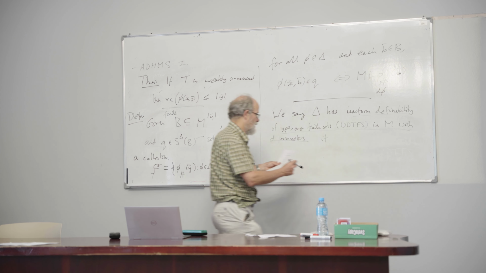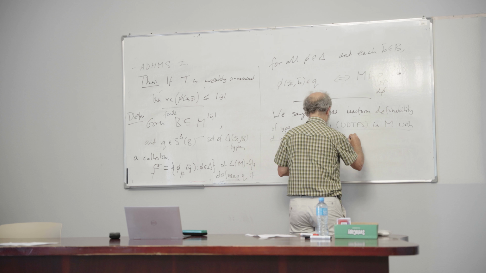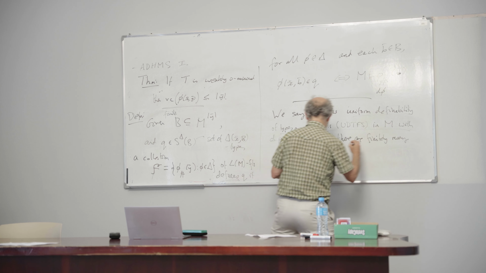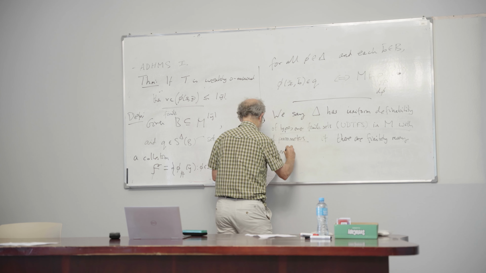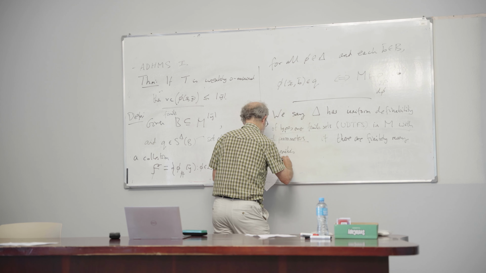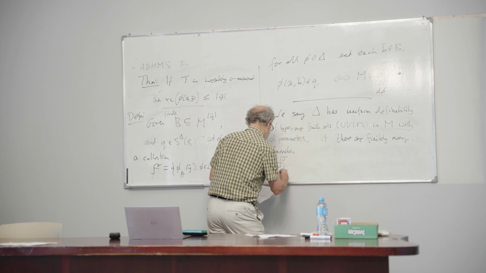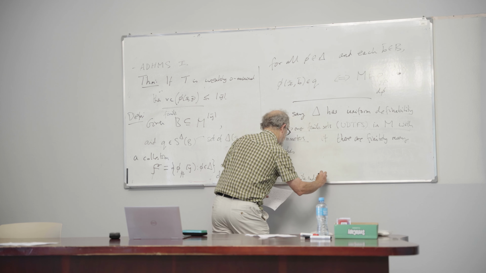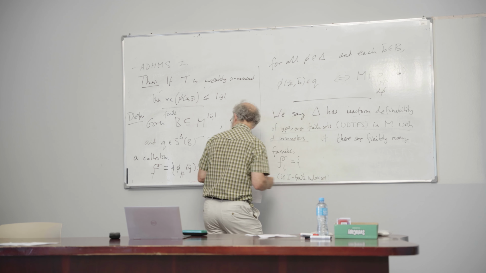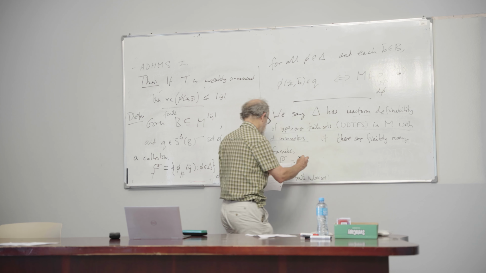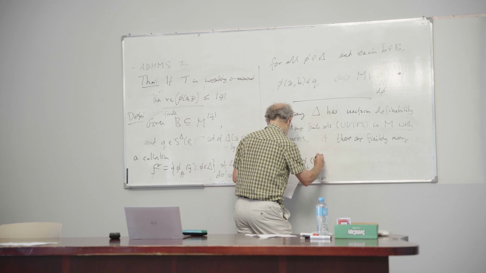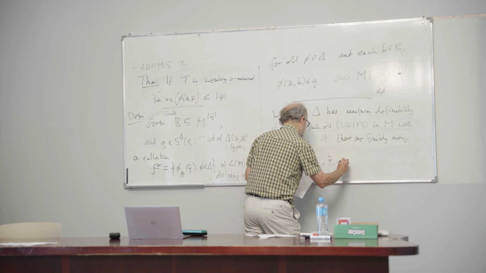So if there are finitely many families Fi, where i is in I, a finite index set, each Fi will be a set of formulas which we write in the form phi_i of y bar and then y1 bar up to yd bar.